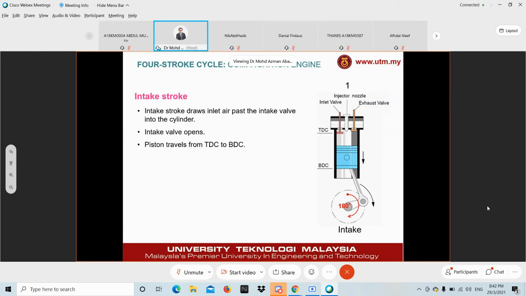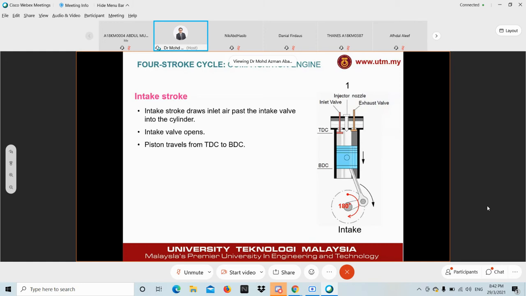Unlike the SI engine, under PFI, port fuel injection, you have the fuel injector before the intake valves. For GDI, of course, you have the fuel injector inside the combustion chamber. But for diesel or CI engines, all fuel injectors are inside the combustion chamber.